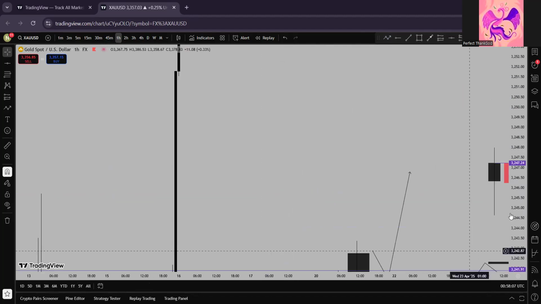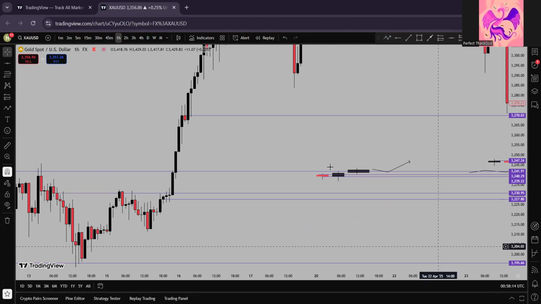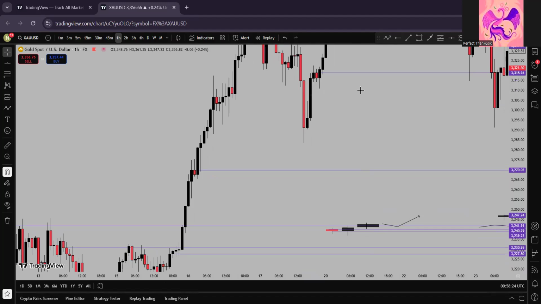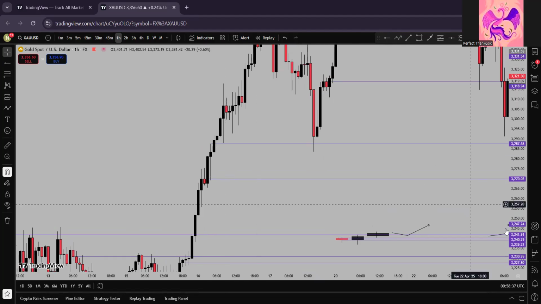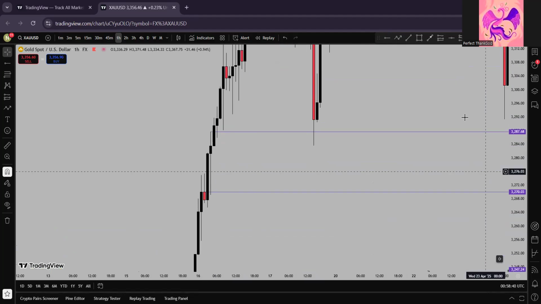So let me check for a real-time example. As you can see, we have these points right here. Just know how to apply them.